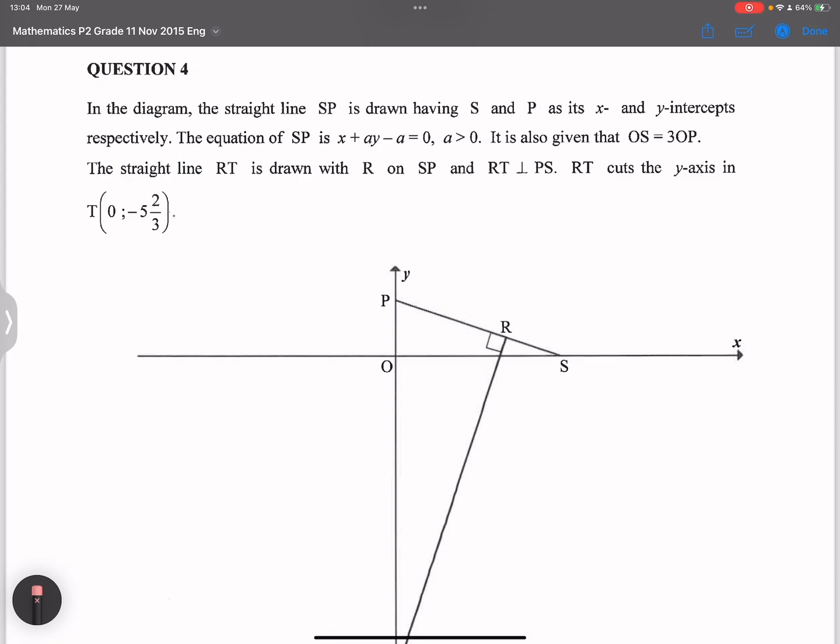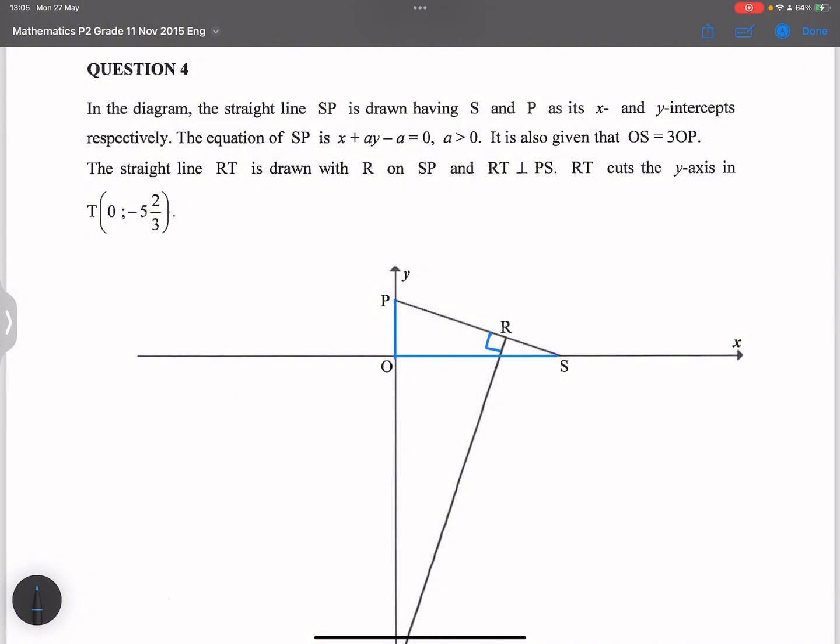The straight line RT is drawn with R on SP and RT perpendicular to PS. So we can see that these two are perpendicular to each other. What else did they tell us? Remember, we know that the size of OS is 3 times the size of OP.